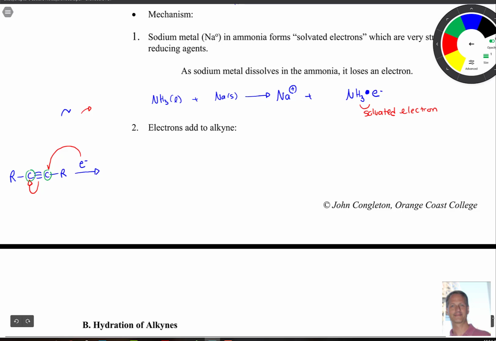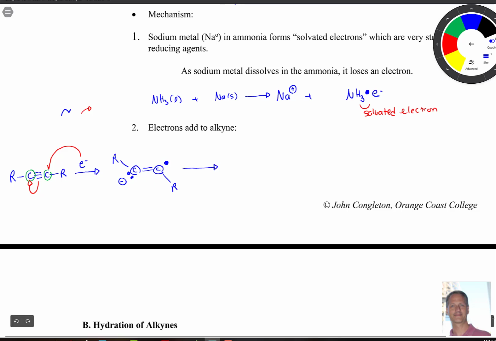But those electrons want to be as far away from each other as they can, and trans is as far away as they can be from each other. So the final arrangement of this thing has our carbon atoms just like so. In our R group, there's your radical, and there's your lone pair. So trans gives these the farthest distance away from each other possible.